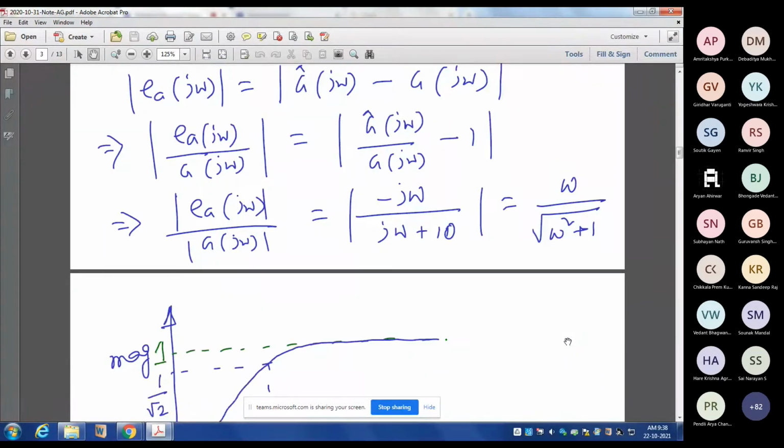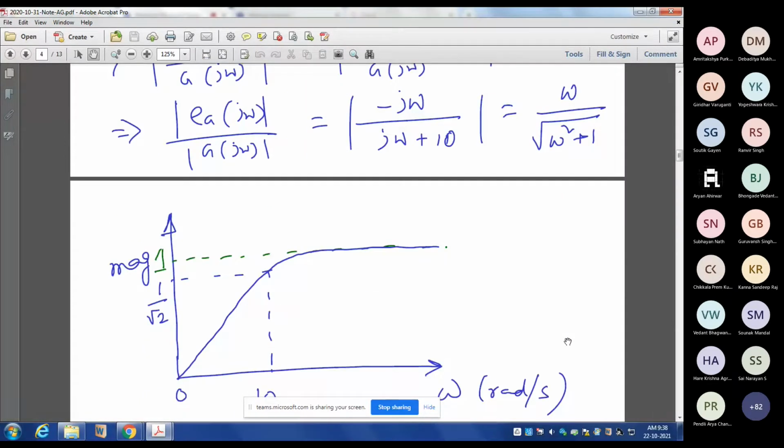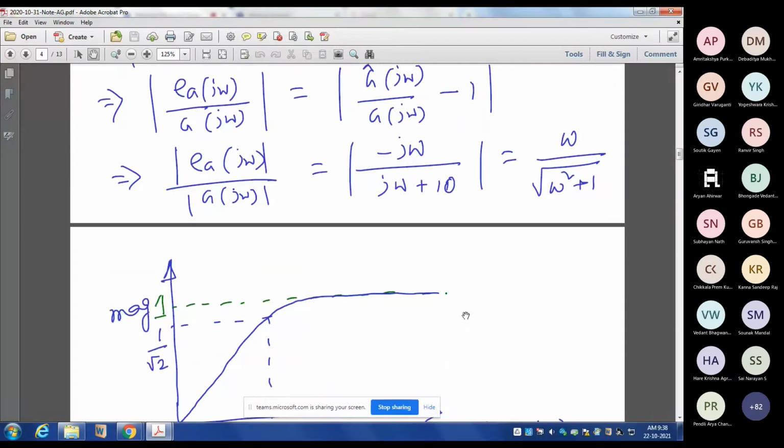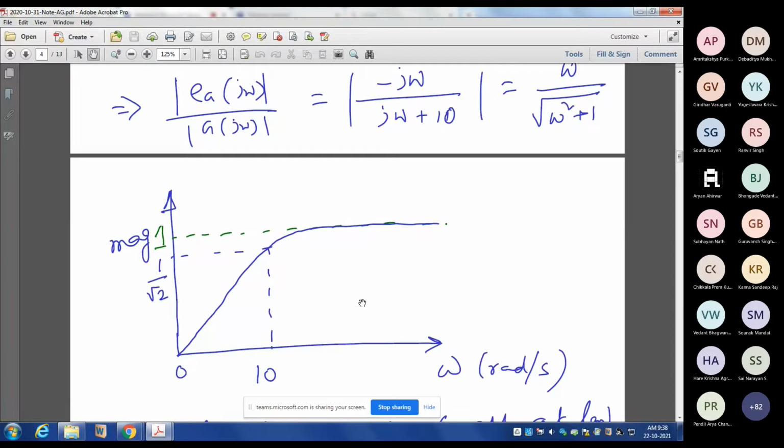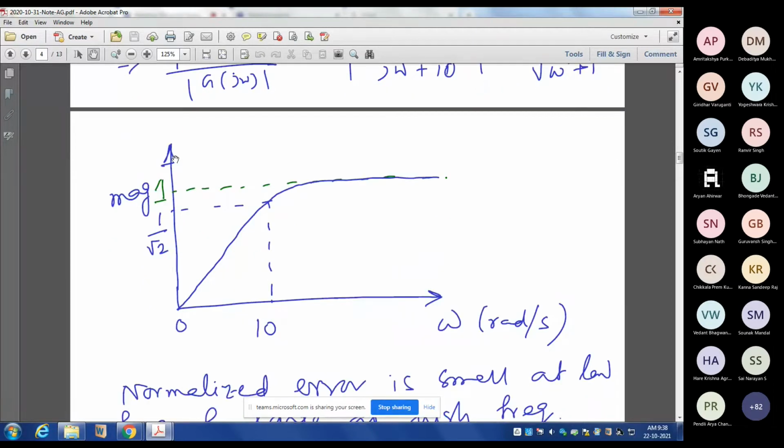So if you plot this normalized error transfer function, the frequency response, the magnitude response of the normalized error will be like this.